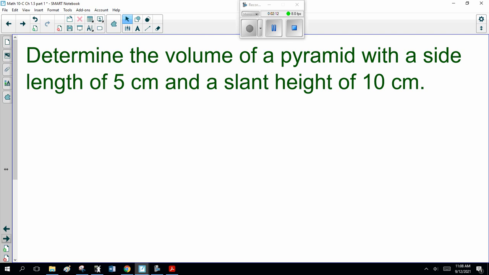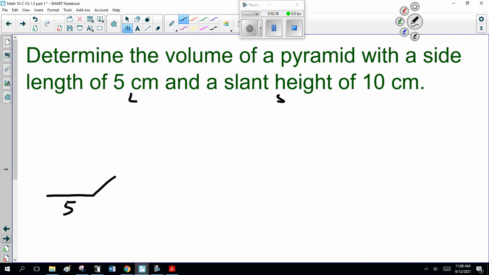Determine the volume of a pyramid with a side length of 5 centimeters and slant height of 10. This is not good because I've given you the side length and the slant height, and I haven't given you a picture. I didn't tell you what the other side length is.